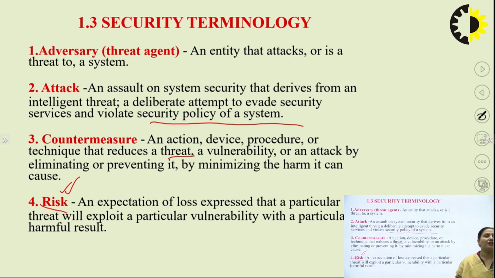So we have to take different countermeasures with the help of which we'll try to eliminate any chances of occurrence of a risk which may lead to a failure of the system. It is going to exploit a particular vulnerability with a harmful result. If there is any risk, it should be properly countered, and there should be a proper mechanism with which we manage it, right? There are a number of ways in which risk can be properly managed.